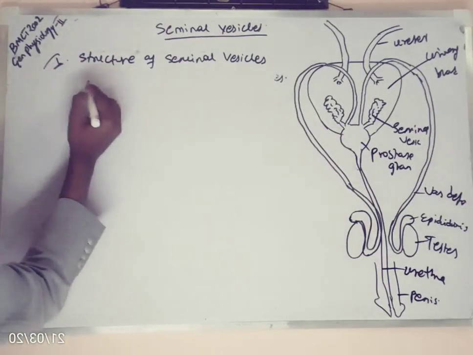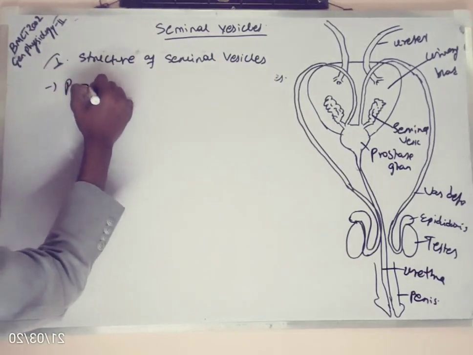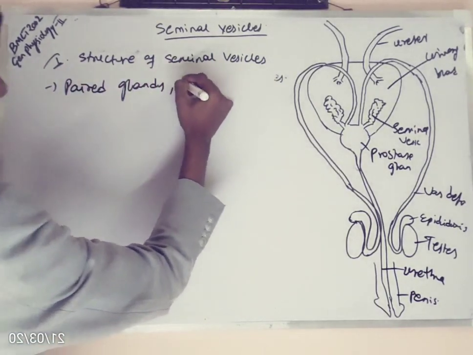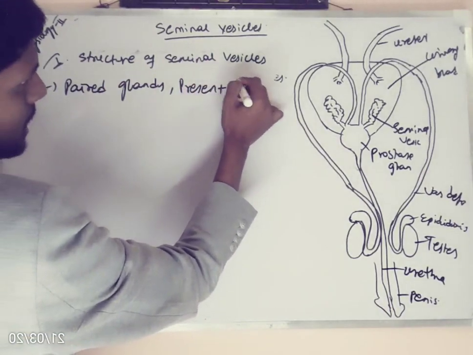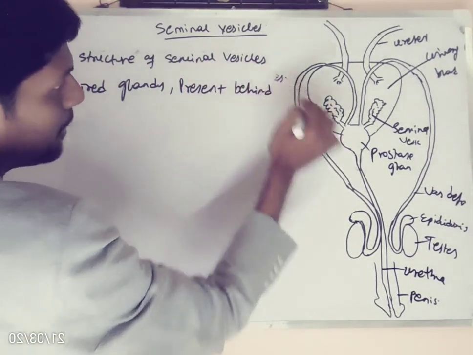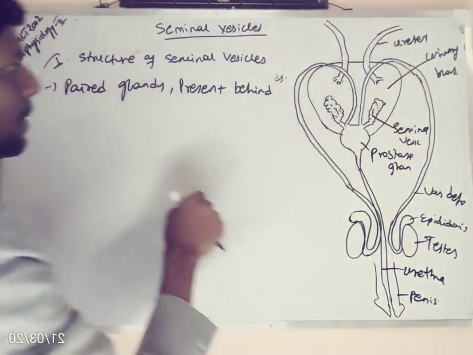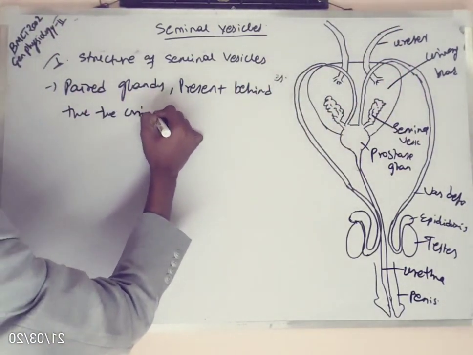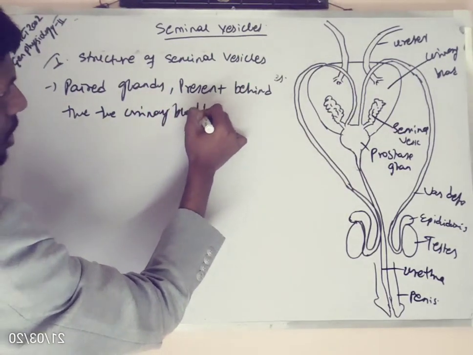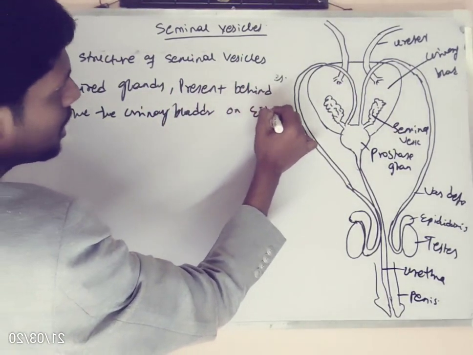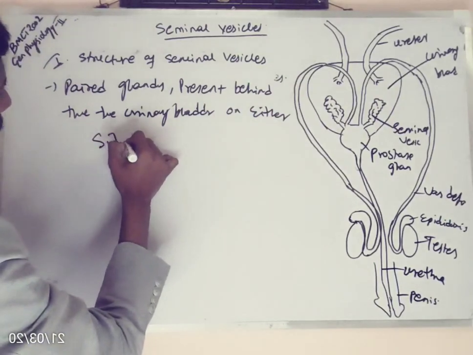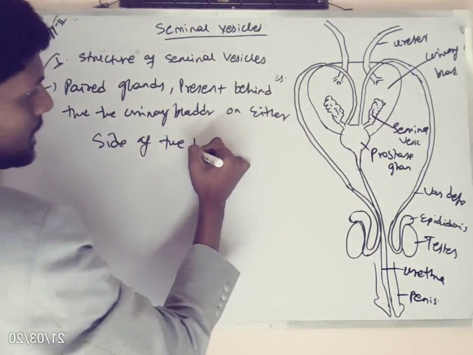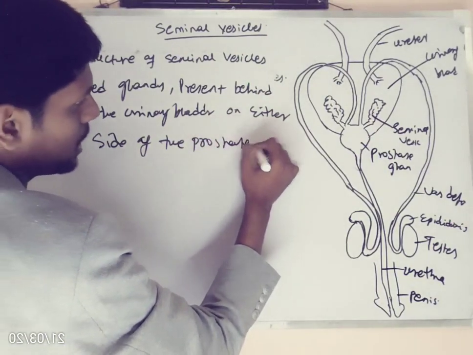In the structure you have to write they are paired glands present behind, on the posterior side of the urinary bladder, on either side of the prostate gland.